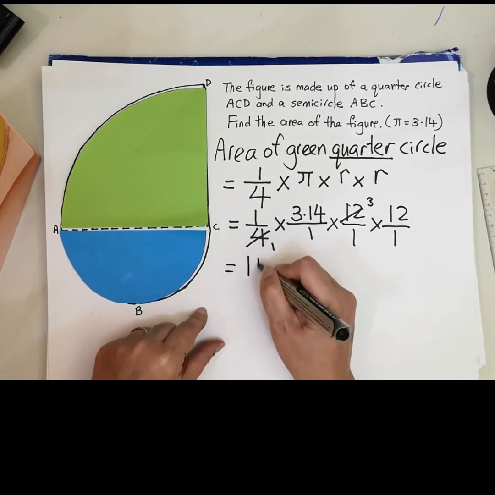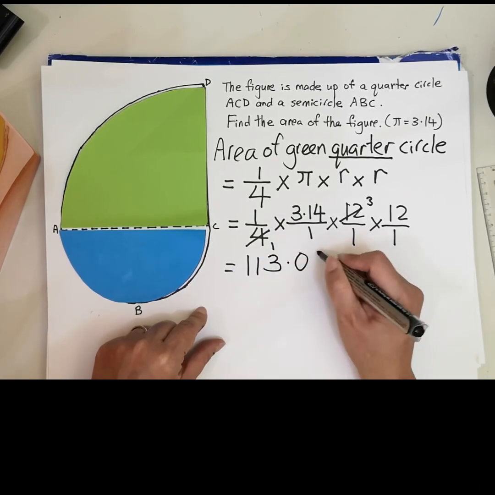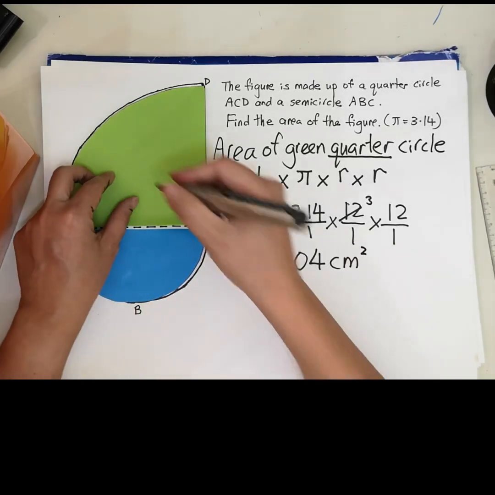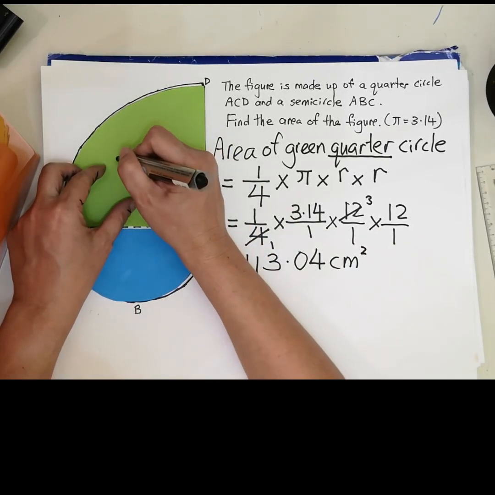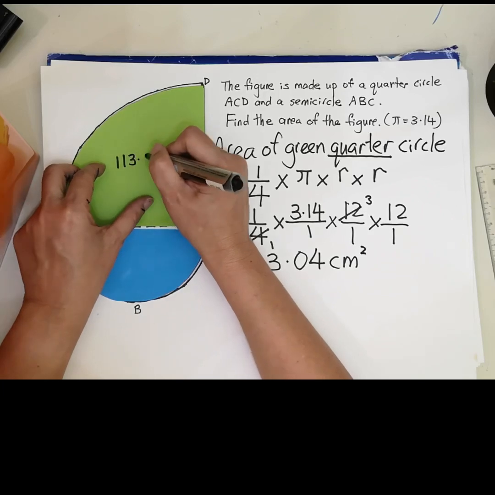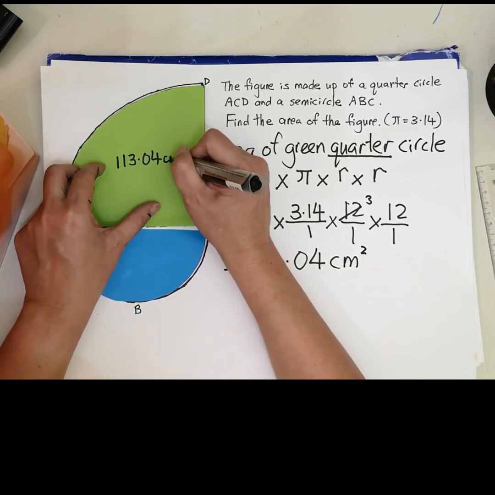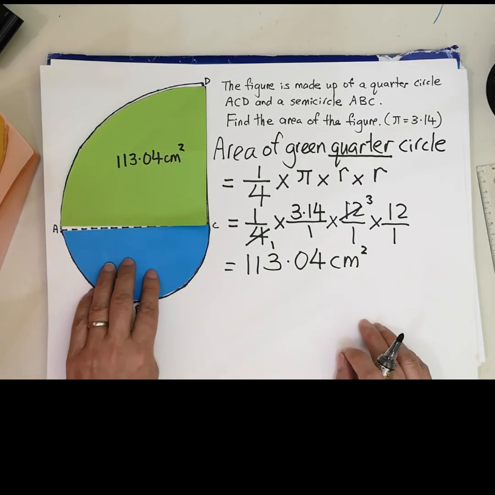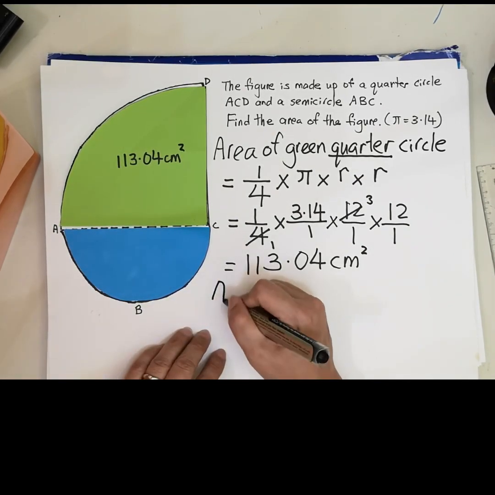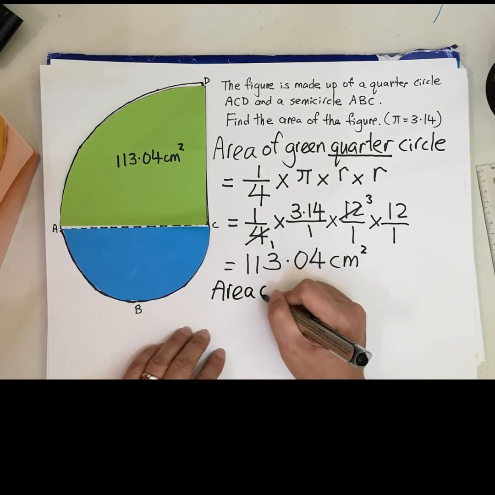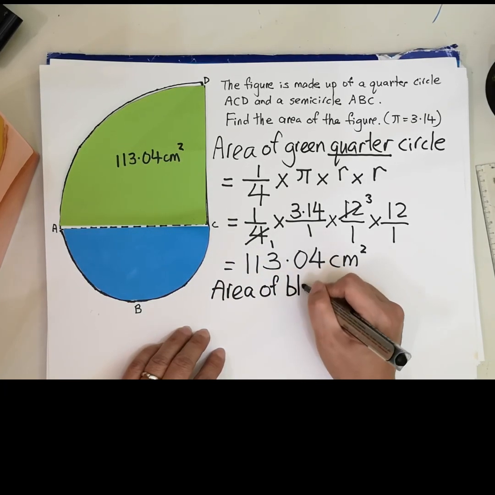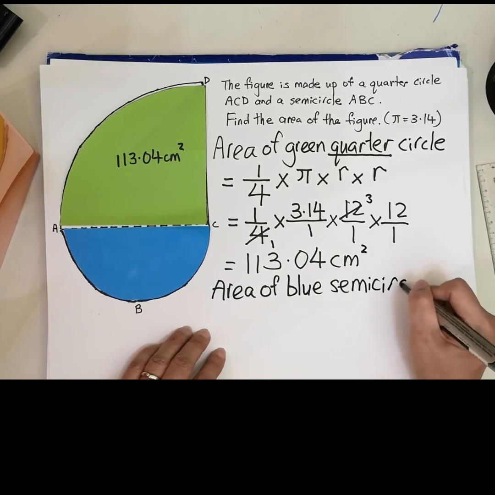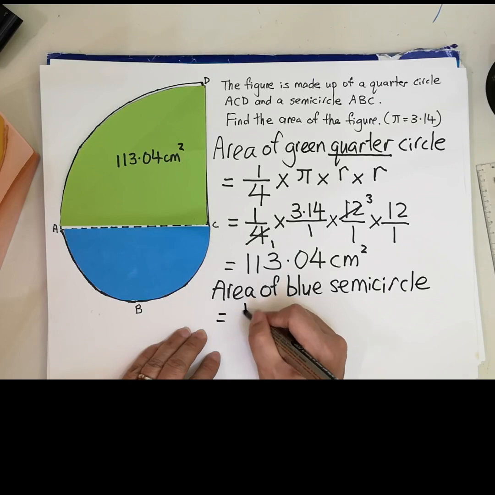So this is 113.04 square centimeter. Let us write down the area here, 113.04 square centimeter. Next we're going to find the area of this blue semicircle. Area of blue semicircle will be equals to half.